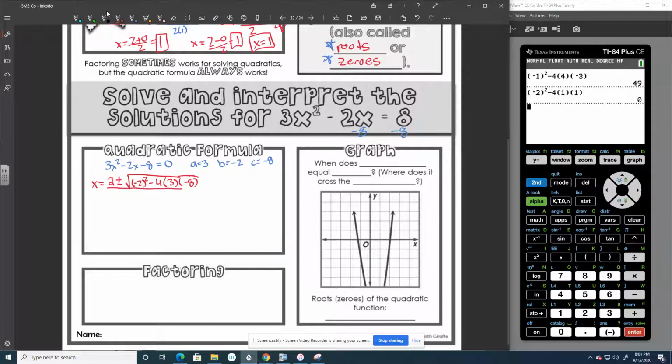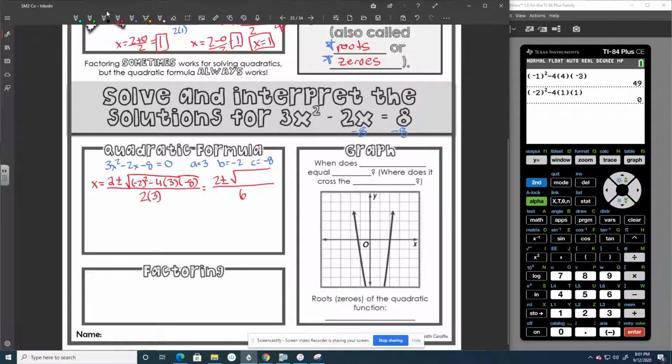And all of that whole thing, including the plus minus, is divided by 2 times a, which is 3. So when I rewrite this, I'm going to put the 2 and the plus and minus right here, all over 2 times 3, which is just 6.